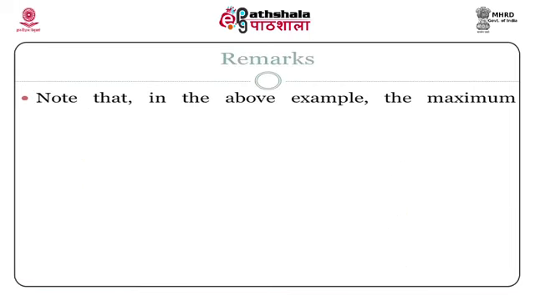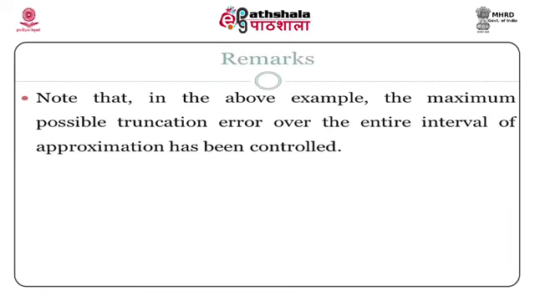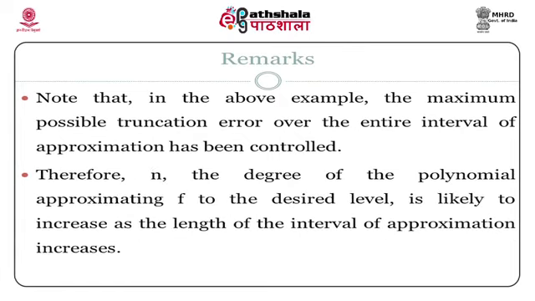Note that in the above example, the maximum possible truncation error over the entire interval of approximation has been controlled, and therefore the value of n, the degree of the polynomial approximating f to the desired level, is likely to increase as the length of the interval of approximation increases.